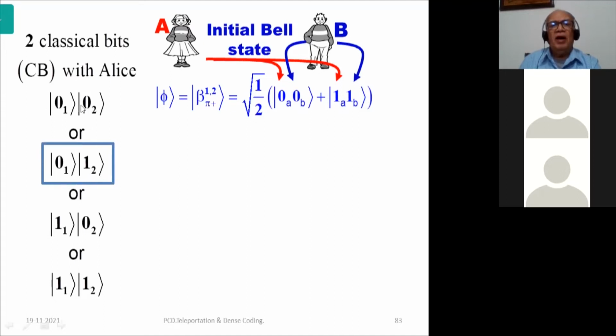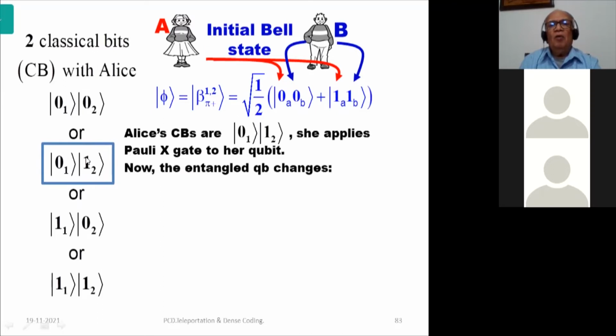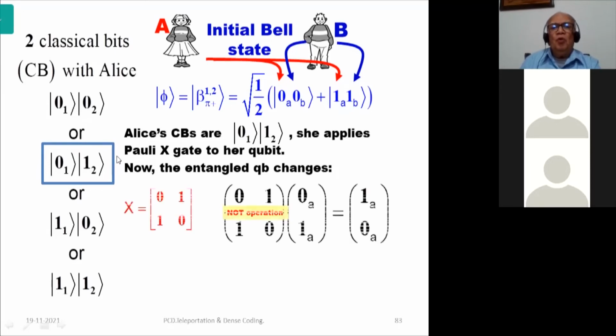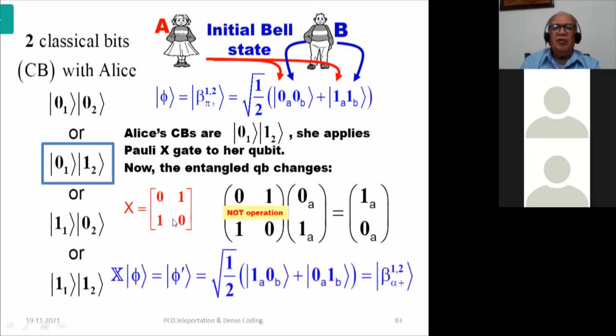In this case, Alice would do nothing. In this case, the Pauli NOT gate will be used by Alice. And what the Pauli NOT gate would do is to change 0, 1 to 1, 0. This is the NOT operation represented by the Pauli X matrix.